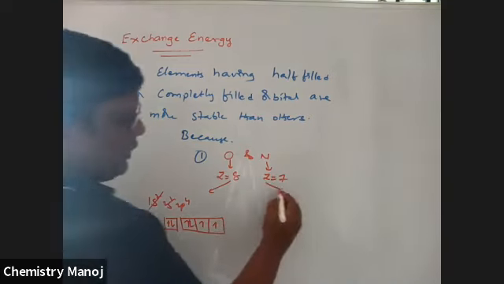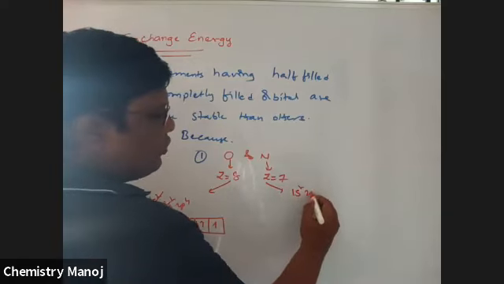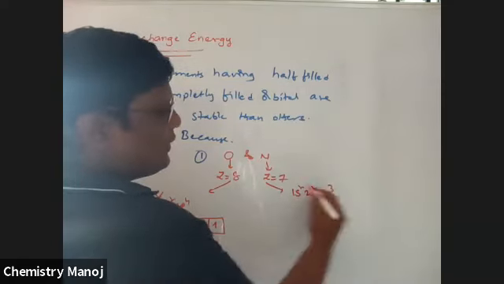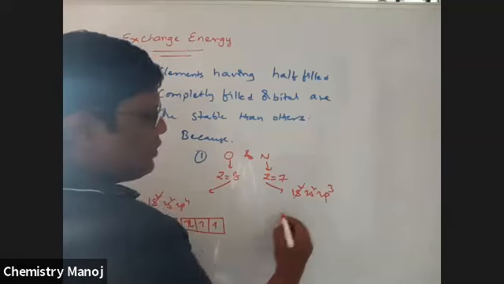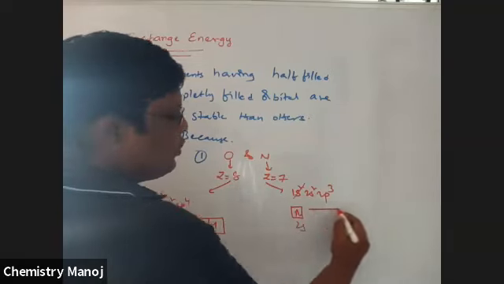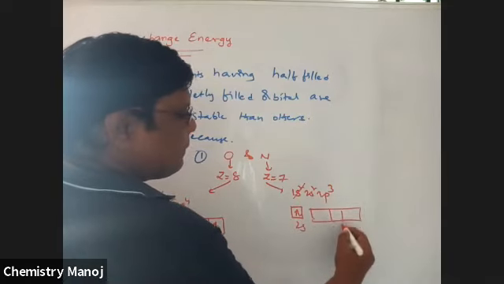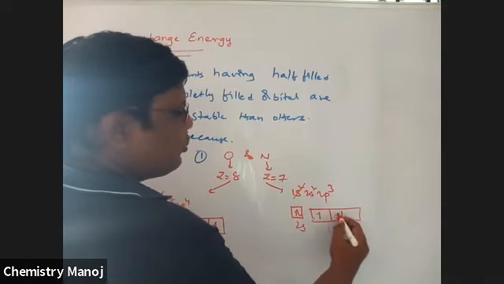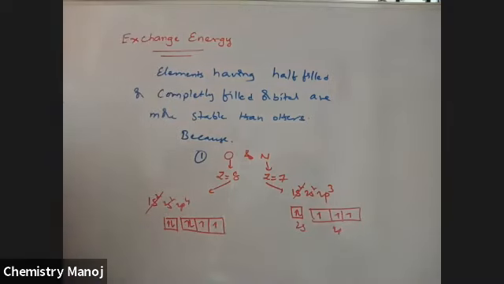Next for nitrogen, it is 1s2, 2s2, 2p3. Inner orbitals cancel out, so 2s has 2 electrons and 2p has 1, 2, 3. These are the electronic configurations of oxygen and nitrogen.